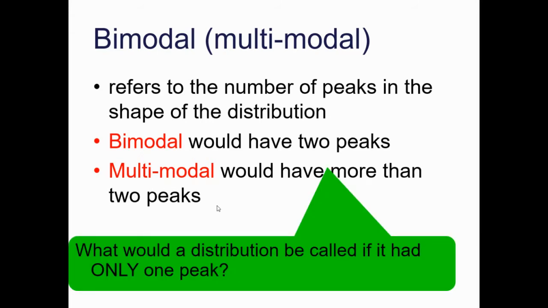I gave y'all this answer. What would it be called if it only had 1 peak? Unimodal. Yep, so that's that last bullet point.